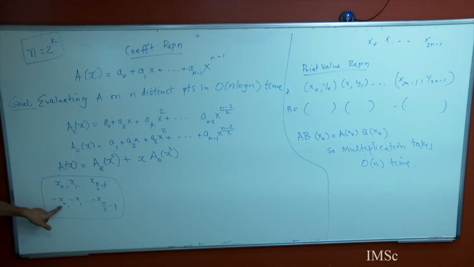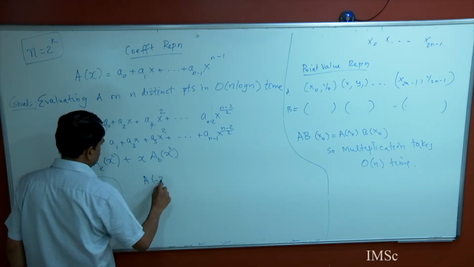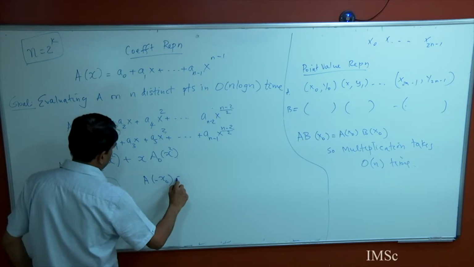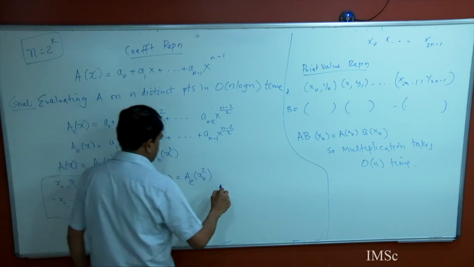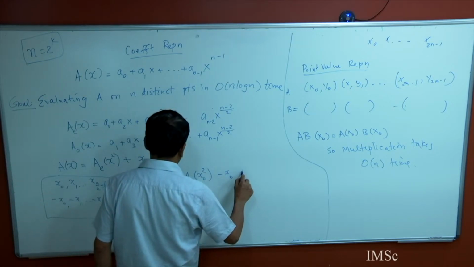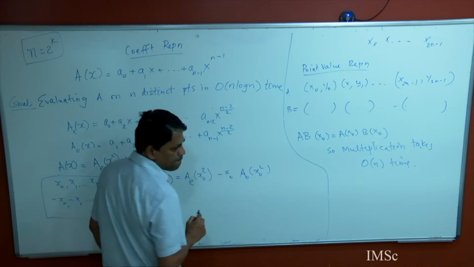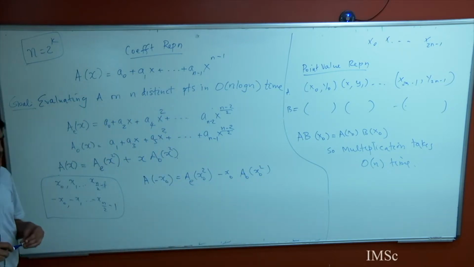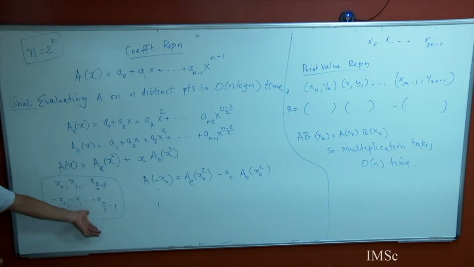Notice that when I want to evaluate at minus x0, A of minus x0, by plugging in here, is simply Ae of x0 square minus x0 into Ao of x0 square, right, because I just plugged in. This is the same with all the minus terms. So, do you see some savings in work now?